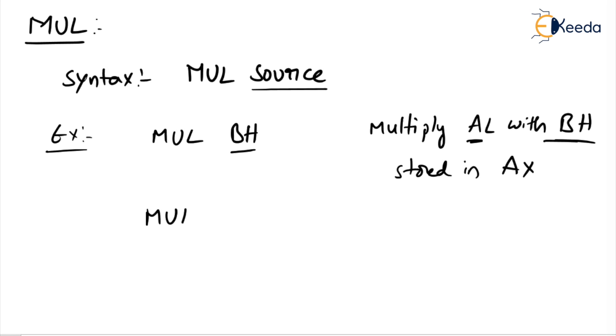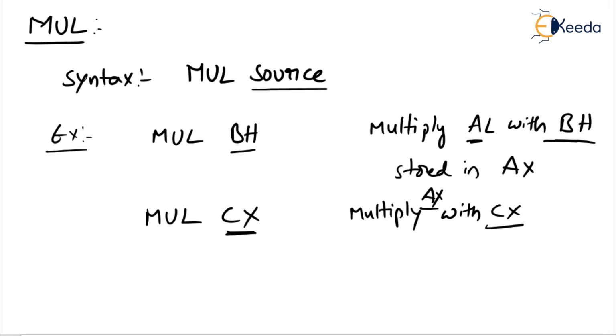If you go for 16-bit, MUL CX, then it multiplies AX with CX. This is 16-bit data. When we multiply two 16-bit values, where will the result be stored?